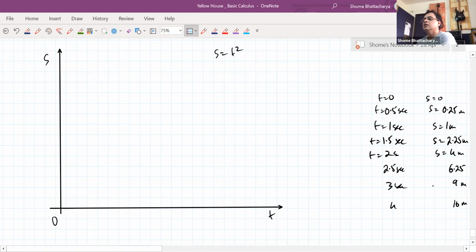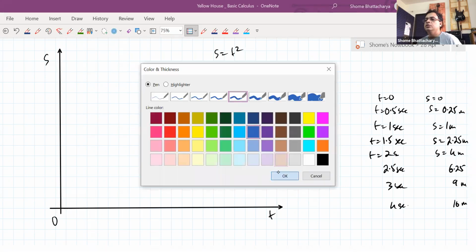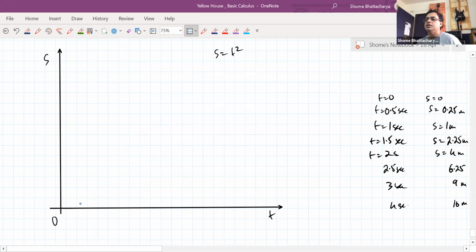So you can see that there's a rapid change in the slope of the curve. Eventually it goes very sharply up, because you can see the sequence in which the distances are changing. So it's something like this.